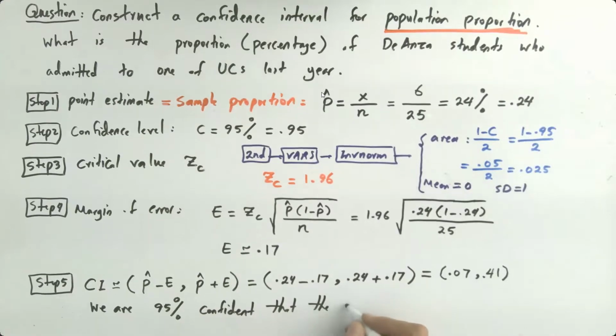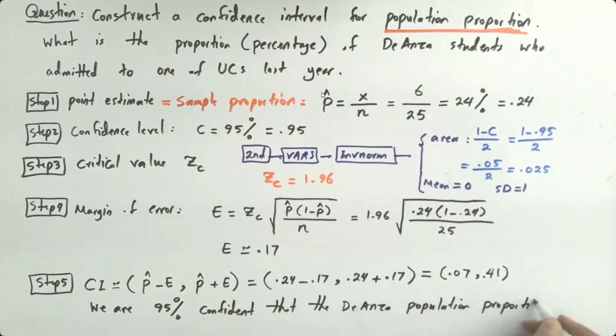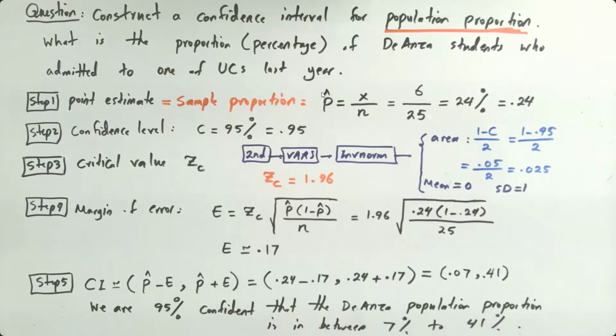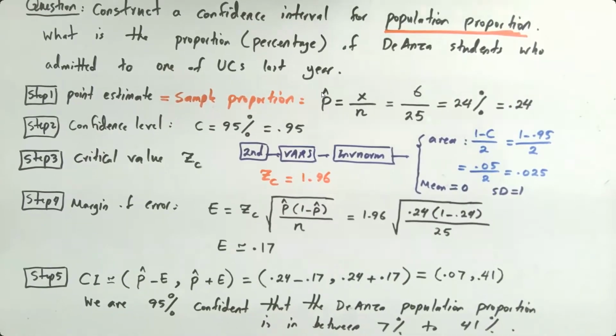There. The answer. Population proportion is in between 7% to 41%. So this is our conclusion. We're 95% confident about that.